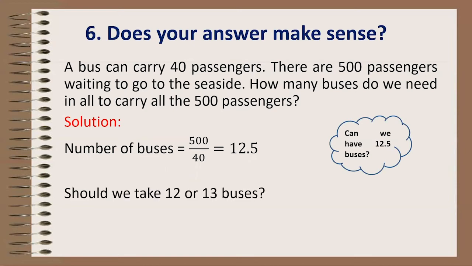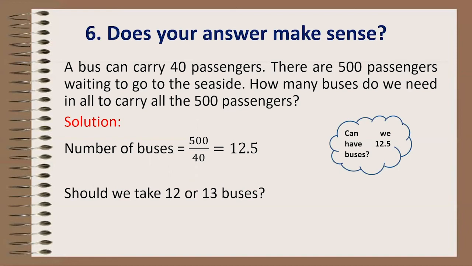No. So should we take 12 buses or 13 buses? You need to carry over 500 passengers. Can I take 12 or can I take 13? If I take 12 buses, this means that 12 times 40 is 480.